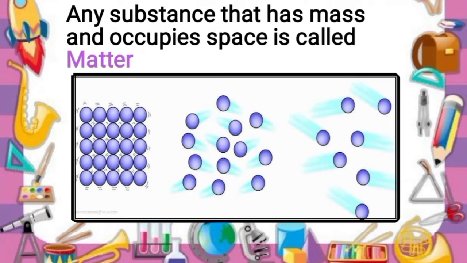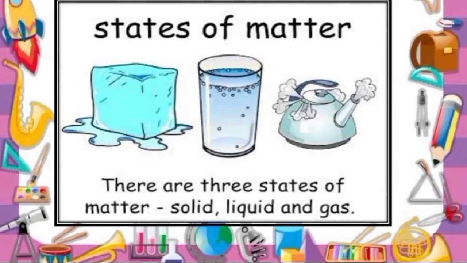Some substances can flow and take the shape of their container, like water, while there are forms of matter that do not have a fixed shape or size, such as air. Thus, matter can be classified into 3 different categories based on physical properties.